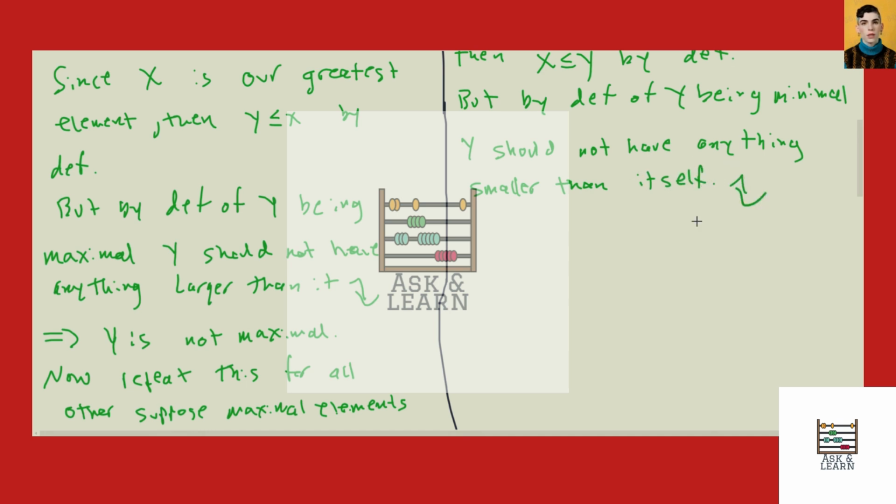And so this is our contradiction again. That's just a symbol I use for contradiction. I don't remember if I said that earlier. You may use something different, but that's the one I've always used. Now this implies that y is not minimal.